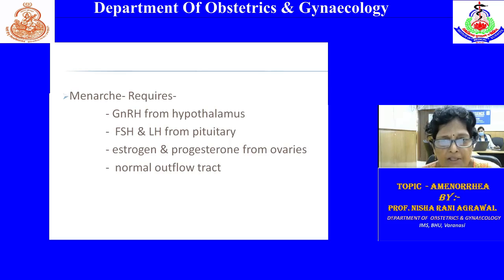It requires GnRH from hypothalamus, FSH and LH from pituitary, estrogen and progesterone from ovaries, and a normal outflow tract. If any of these things are abnormal, then there may be problems in initiating menstruation. So hypothalamus, pituitary, ovaries, and outflow tract, including uterus.